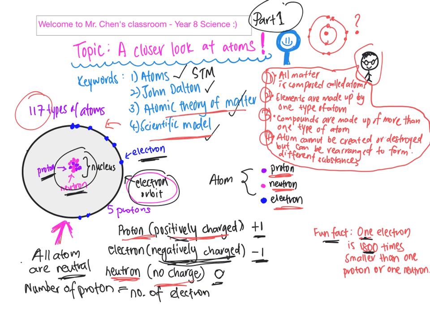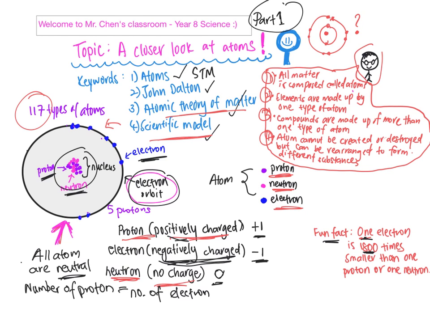How many electrons? 1, 2, 3, 4, 5, 6, 7, 8. So we have 8 electrons, so that doesn't add up, does it? So I have to put 3 more protons in here. 1, 2, 3. There you go. Now it adds up. So they balance each other out. 8 positively charged protons balance out 8 negatively charged electrons. That's why all atoms are neutral.